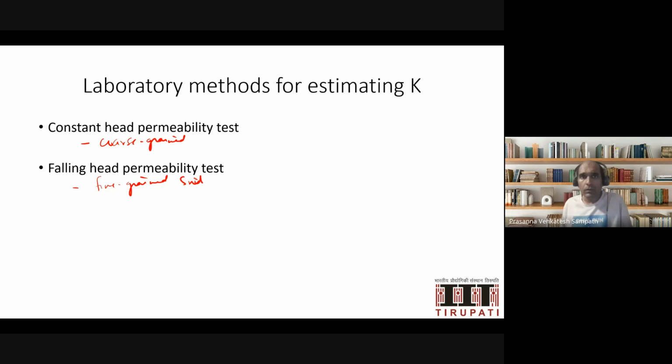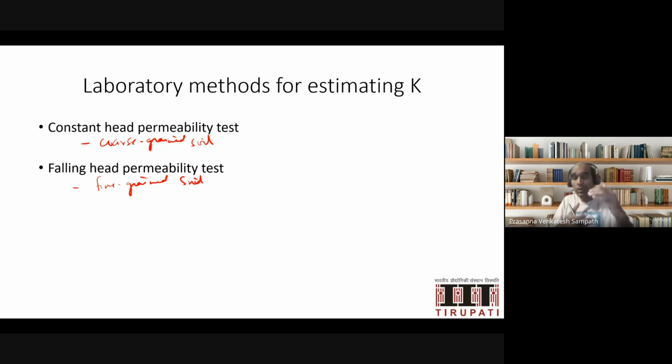Now, I do not suggest memorizing which is better for which. I prefer coming up with a logical understanding of why it is not a good idea to do a falling head permeability test for a coarse grained soil. What is the principle of the falling head permeability test?